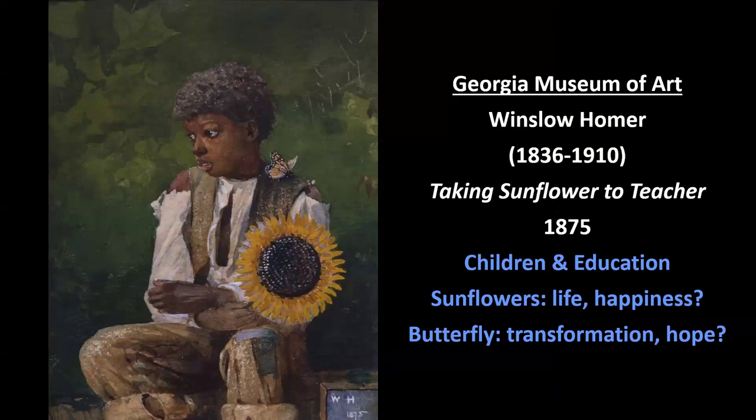And here's another one called Taking Sunflower to Teacher from 1875. I'm thinking, Robert, 1875, that was the year of the compromise that brought Reconstruction to an end and Rutherford Hayes into the presidency.